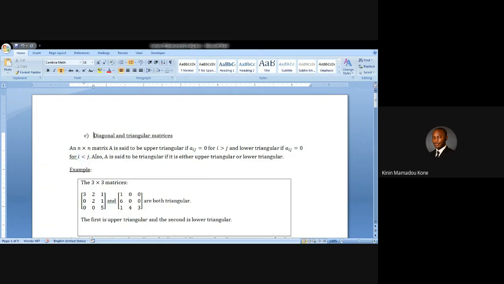So A is said to be triangular if it's either upper triangular or lower triangular. I think it's better to see it on paper to actually understand what we mean by upper triangular and lower triangular.